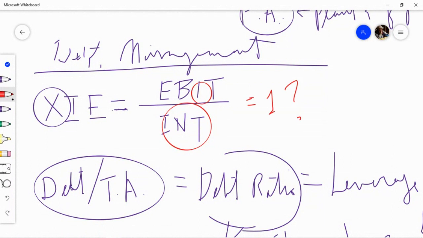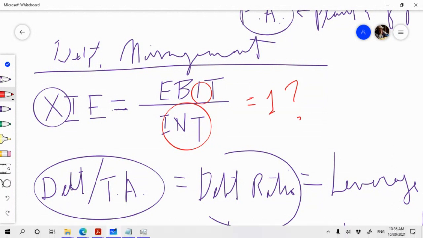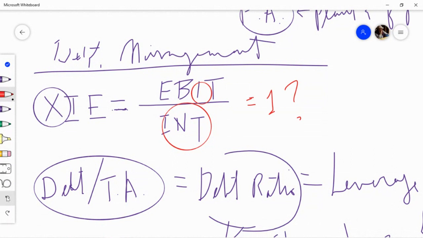You'll just pay the interest, with no earnings left to pay taxes, and therefore nothing left for net profit, or earnings after taxes. Does that make sense? Everyone? Yes. Okay, great.